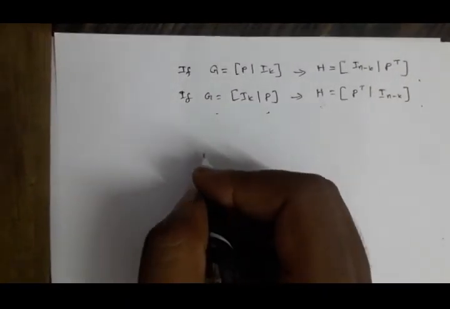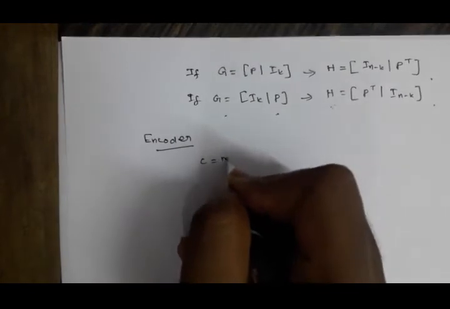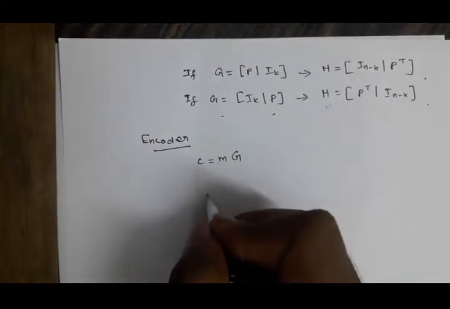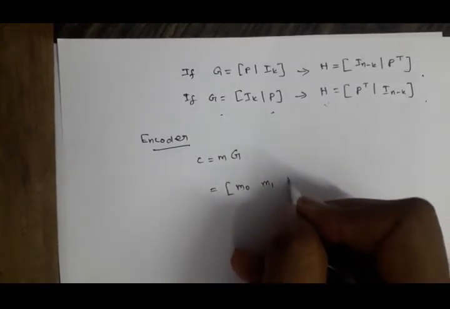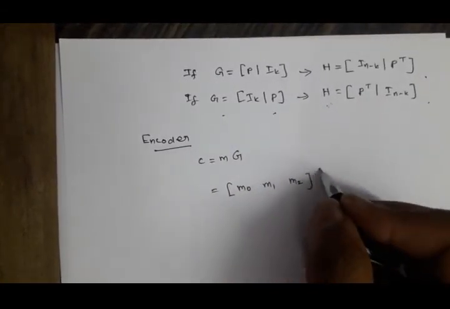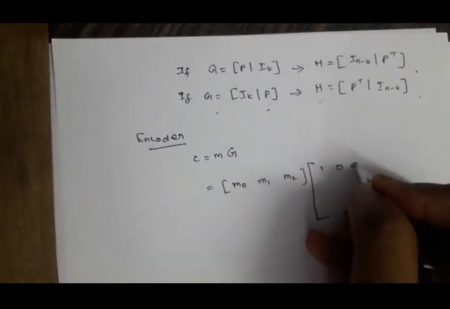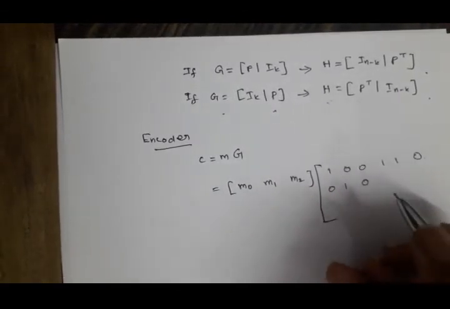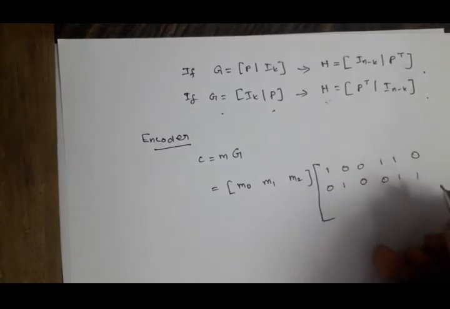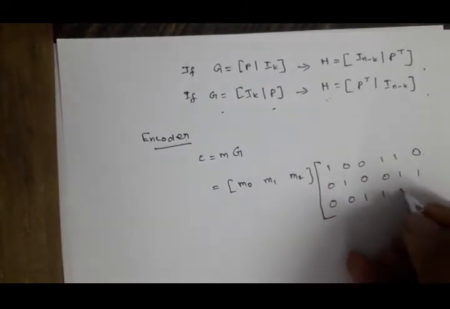So now we can design the encoder circuit first. Encoder is nothing but C is equal to M into G, and we can write M as m0, m1, m2, and we know the value of G: 1 0 0 1 1 0, 0 1 0 0 1 1, and 0 0 1 1 0 1.